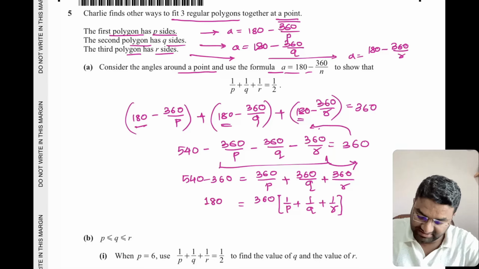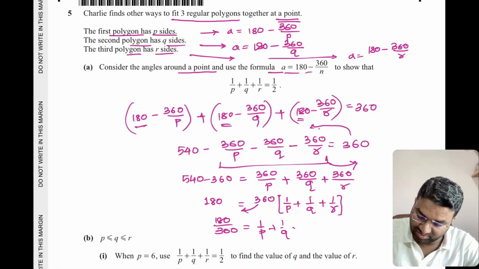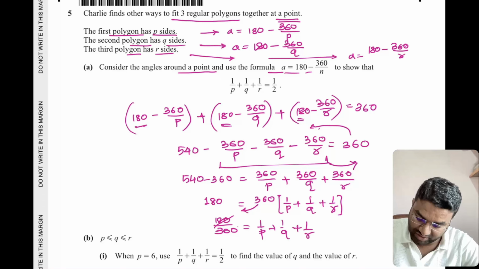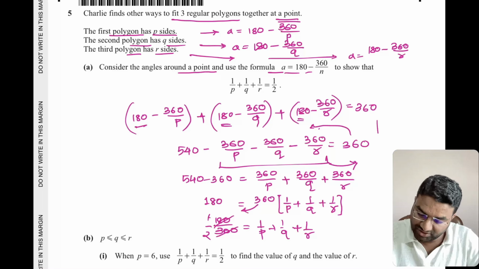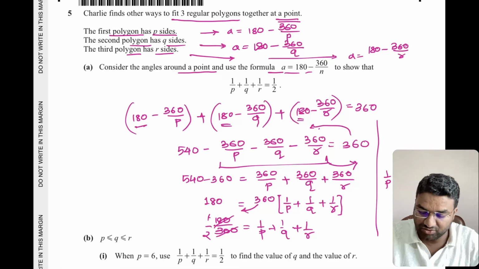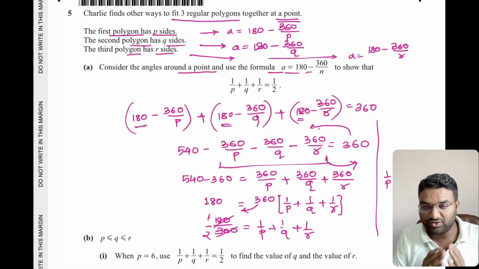Taking the 360 to the left, 180 divided by 360 is equal to 1 upon P plus 1 upon Q plus 1 upon R, which is what we have to show. 180 divided by 360 is 1 upon 2. So 1 upon P plus 1 upon Q plus 1 upon R is equal to 1 upon 2. That is how you have to show the calculation.